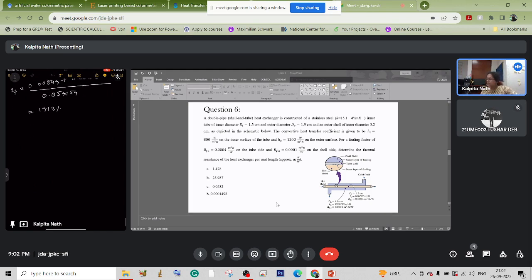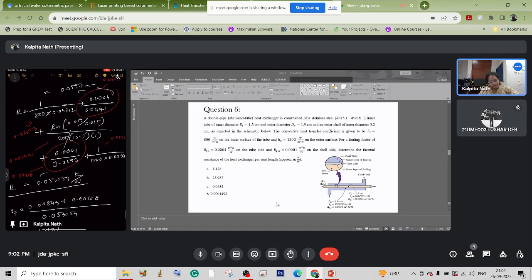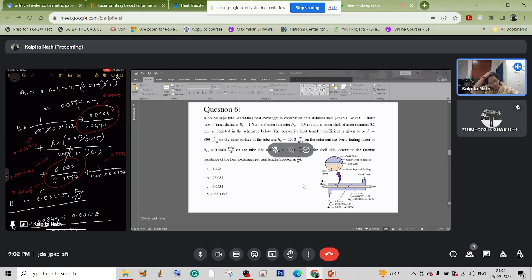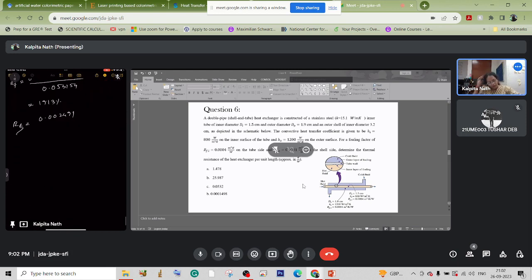Now the resistance due to the steel tube separating the two fluids, that is the resistance due to conduction, is equal to 0.002491 upon the total resistance 0.053154.